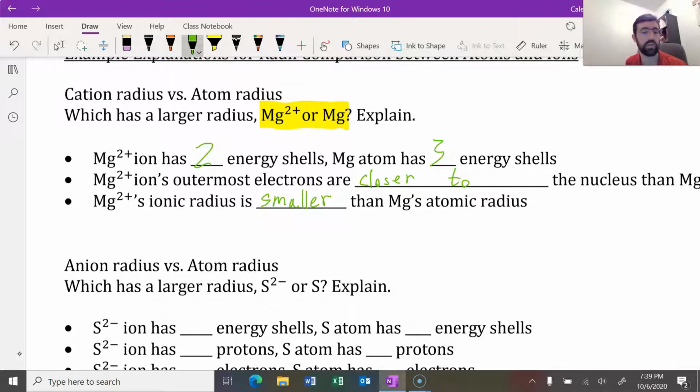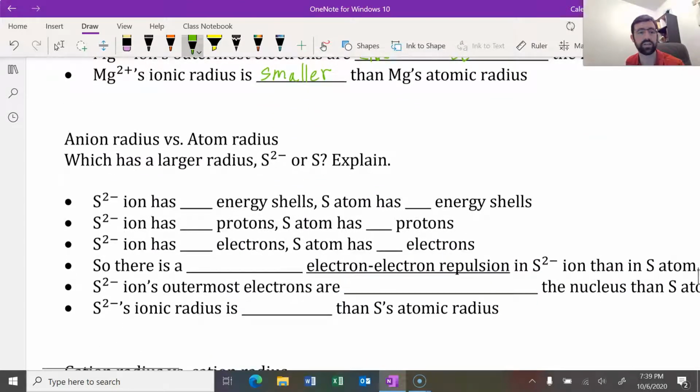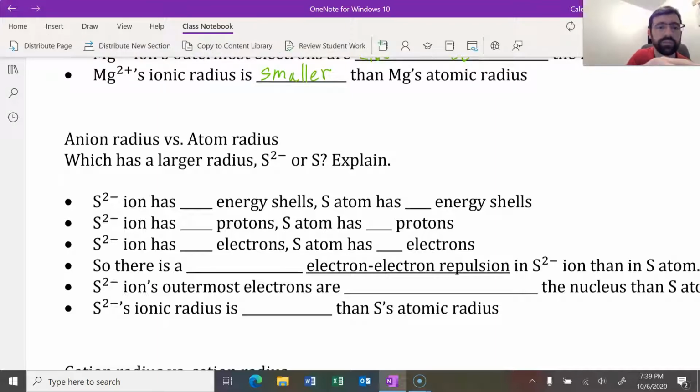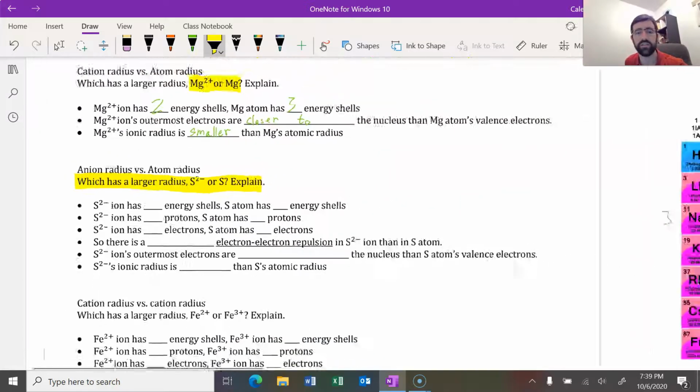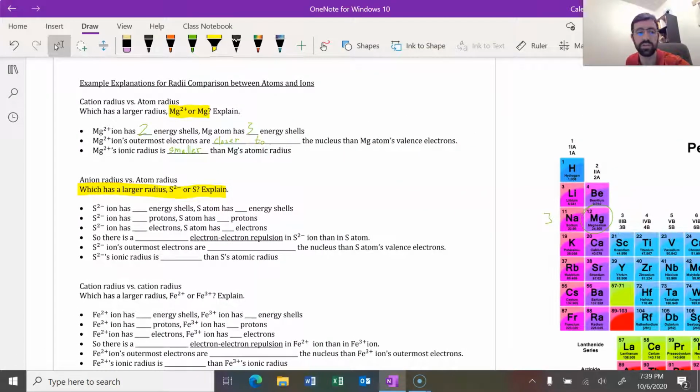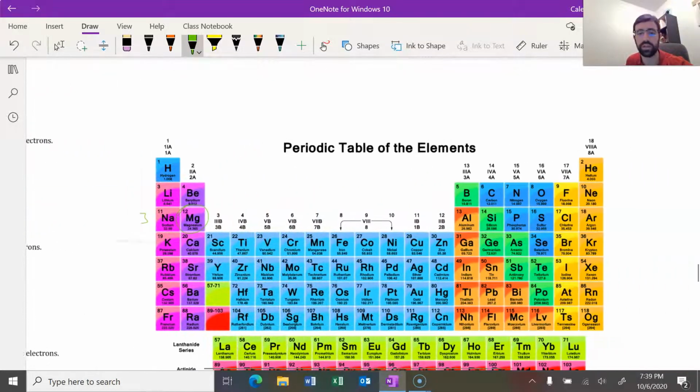Now we have anion radius versus atom radius, negative ion. The question here is, which has a larger radius, sulfide or sulfur? S2- is sulfide, S is sulfur. So we want to find those on our periodic table over here.